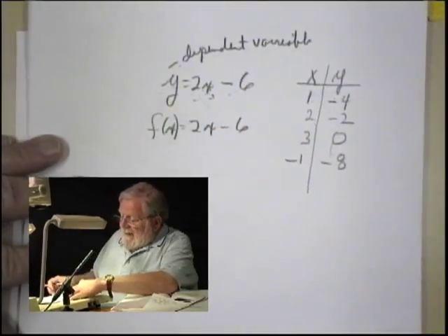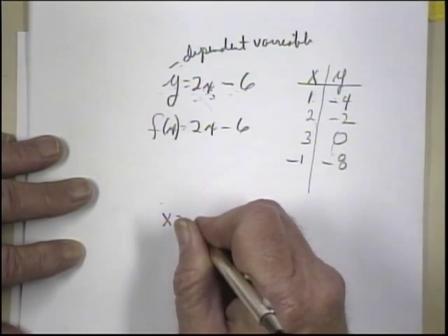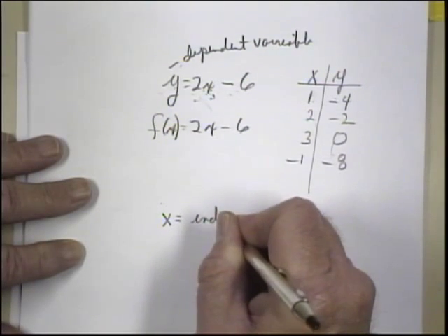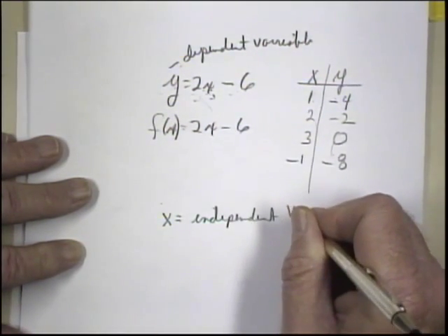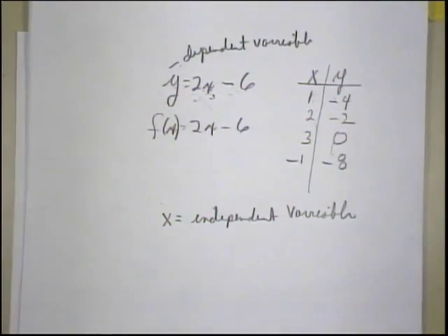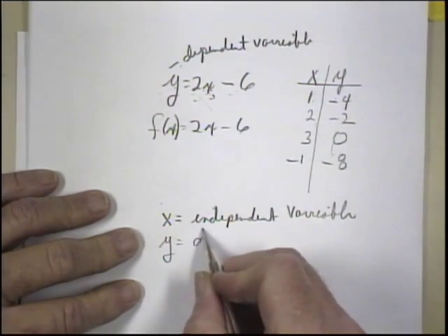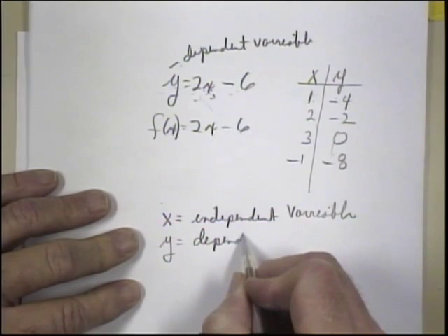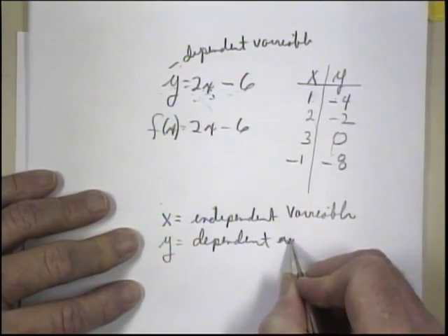So when we have a function, the x value is the independent variable. It's the variable which we choose to calculate our y, and y is the dependent variable.